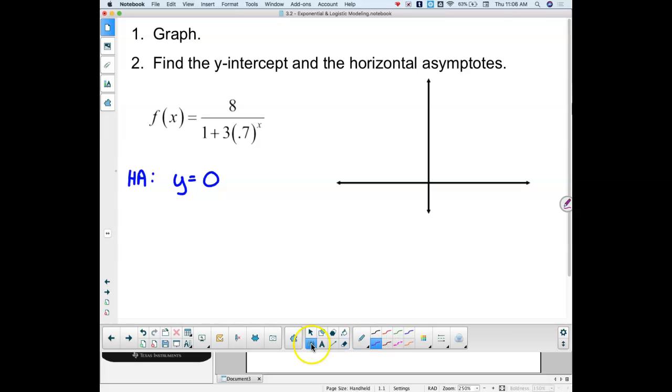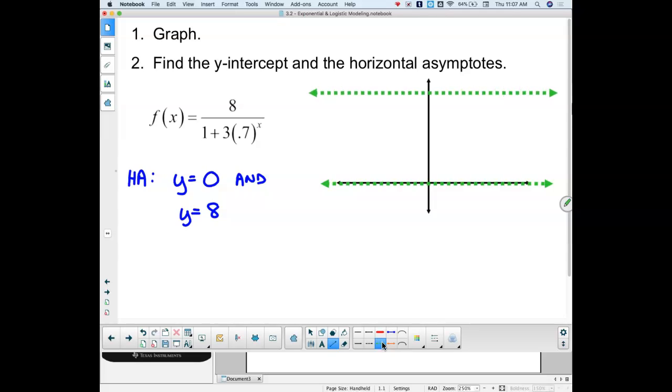Our other horizontal asymptote is at y equals the limit to growth, which in this case is the numerator of the logistic function, and for this problem it is y equals 8. So I would start by graphing those two horizontal asymptotes.